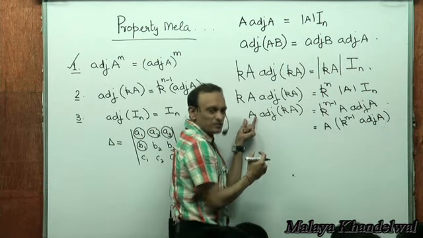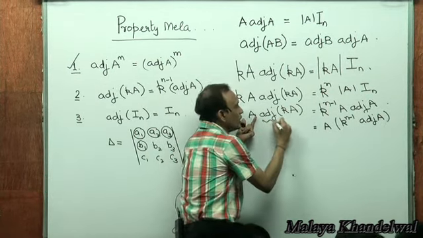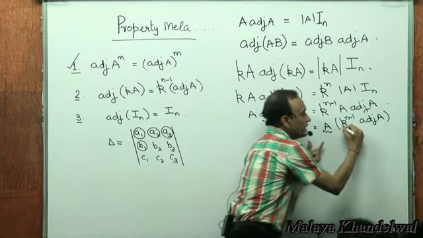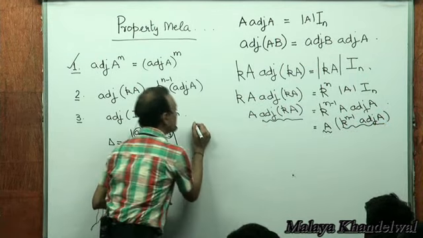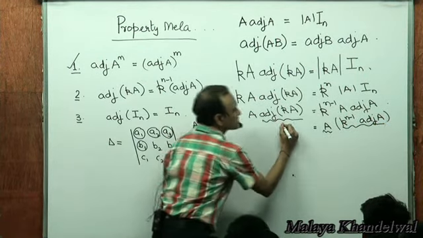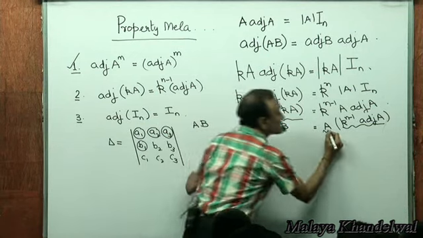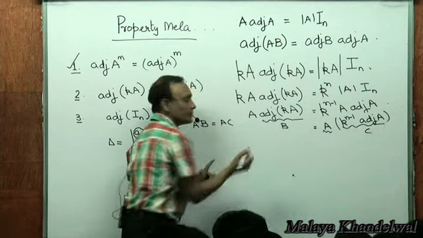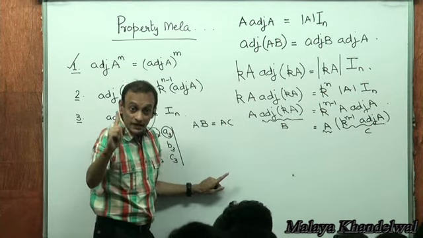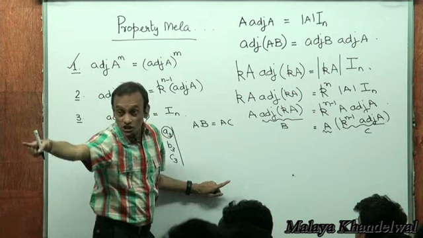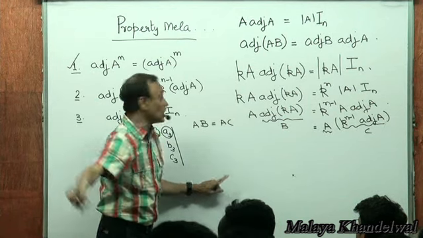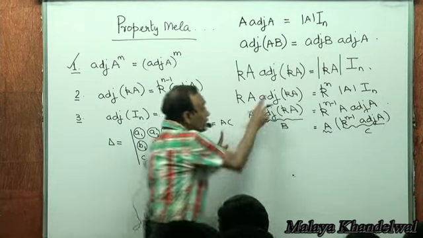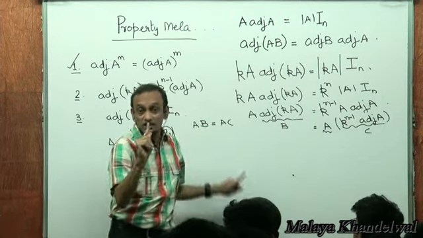So I have a matrix A into a matrix B equals a matrix A into a matrix C. Yes or no? Did I tell you in the last class that if A is non-singular, that means the determinant of A is not 0, and if AB is AC, then B must be equal to C. Don't cancel A for matrices, because A is not a number.